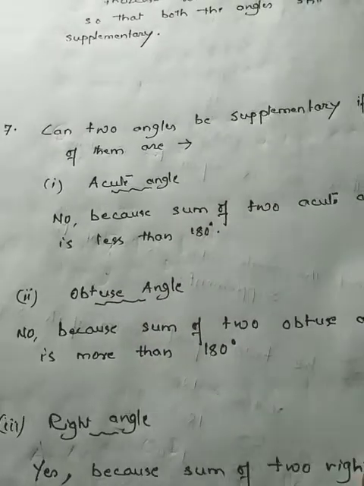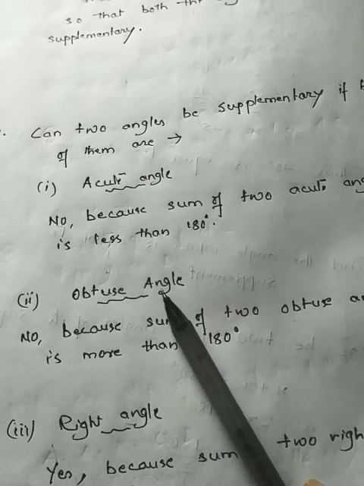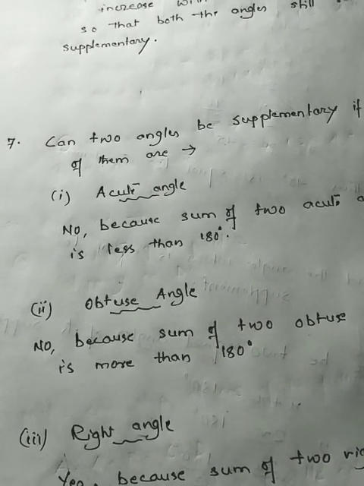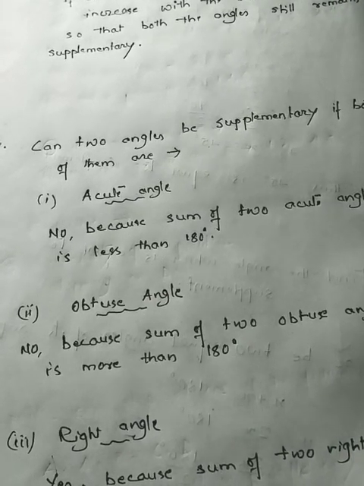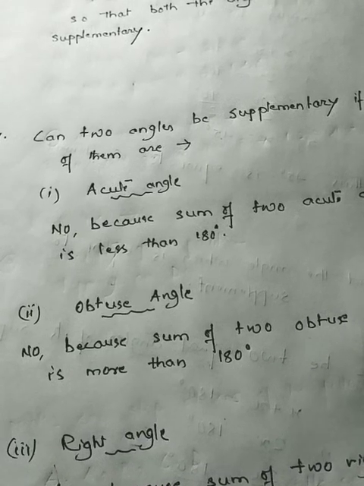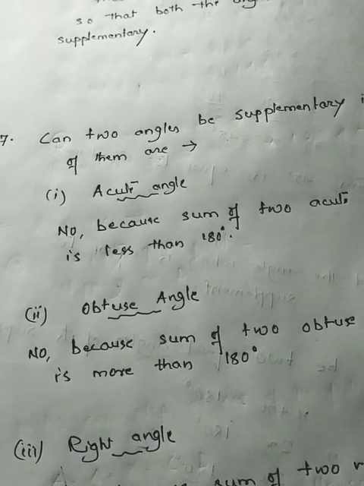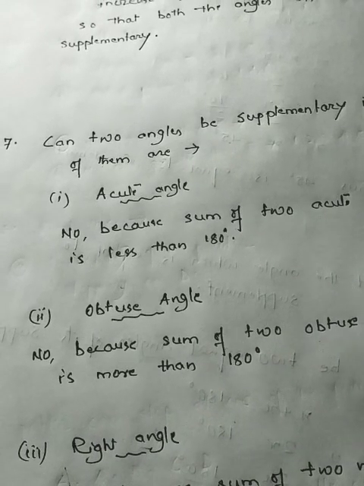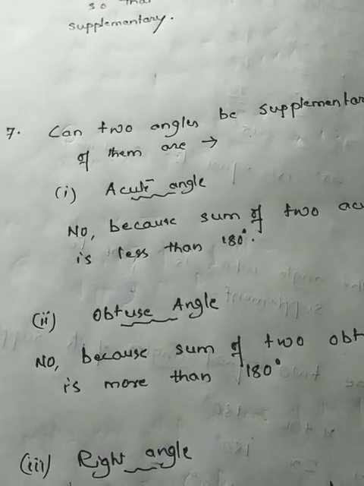The next question is whether it is possible that the two angles are obtuse angles. What is an obtuse angle? Obtuse angles are the angles which are more than 90 degrees and less than 180 degrees. So if the two angles are obtuse, then you will find that the sum of the two angles will be more than 180 degrees.